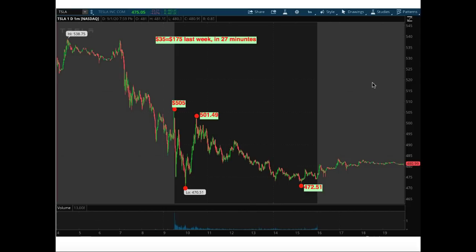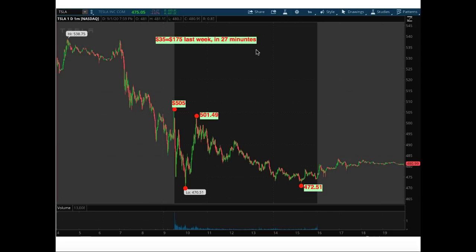When Tesla opened at 505, within 27 minutes it dropped to 470. It looks like this $35 drop is no big deal, but it actually is, because just last week that would have equated to a $175 drop in 27 minutes.